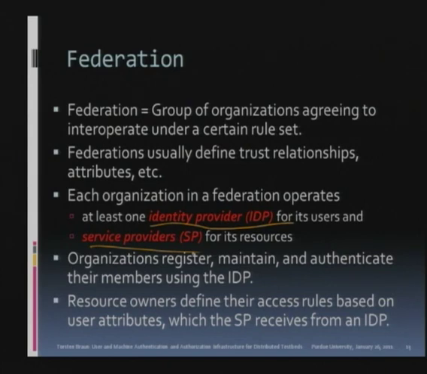So in that case, organizations have to maintain this database on the IDP, and the resource owners have to define the access rules. That means we have here in the system a clear separation between authentication and authorization. Authentication at the home organization where the student is registered, and authorization at the owner of the resource. That's a very clear separation, and it is not mixed up as we have it in many systems today, where authentication and authorization is mainly integrated at the resource.